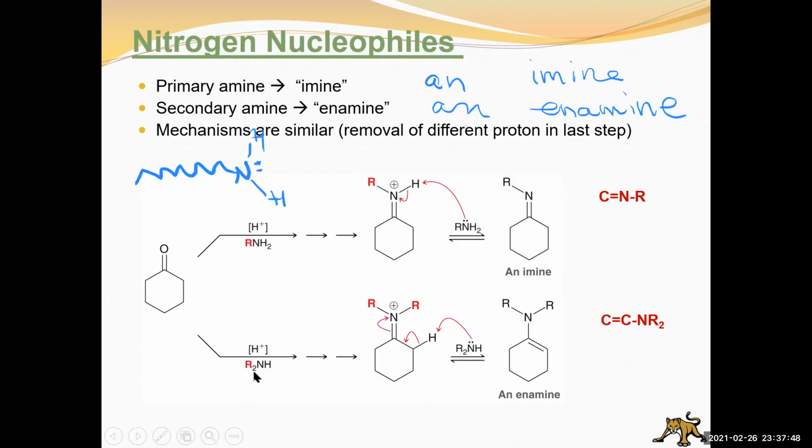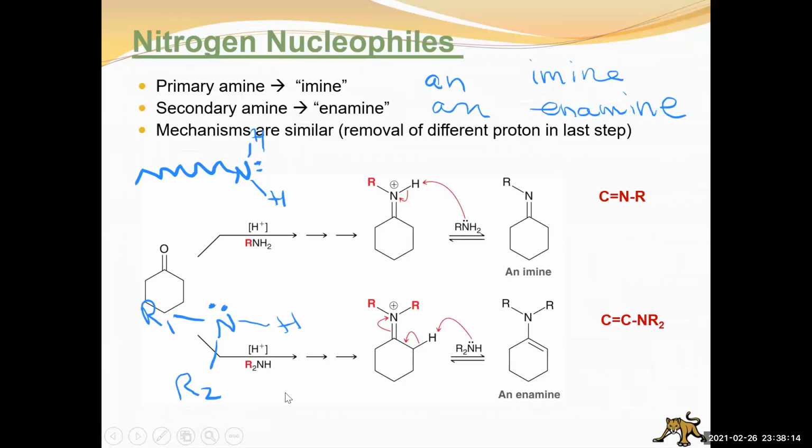So here's the N. And then there's 1 R group and there's another R group. They don't have to be the same R group, and then it's got a hydrogen attached, and then it's got a lone pair. So these two R's don't have to be the same. It doesn't have to be a symmetrical molecule. And that 2 that's right there, that just means you have 2 different R groups.